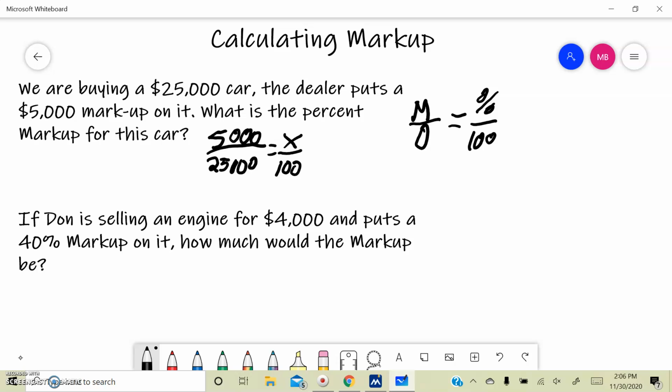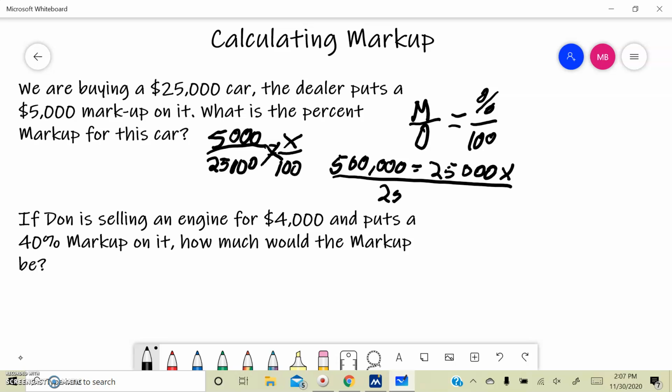So first I'm going to cross multiply. So I'm going to get 500,000 is equal to 25,000 X. Now, it's just a one-step equation.